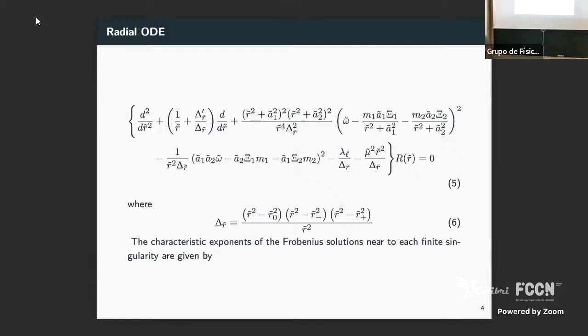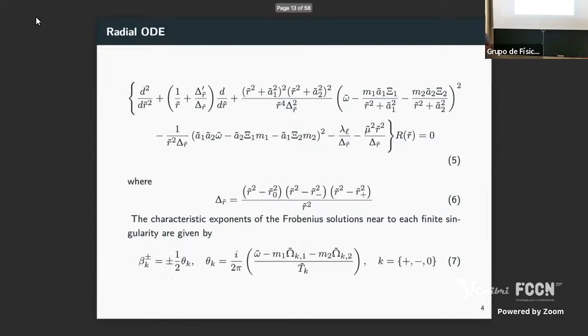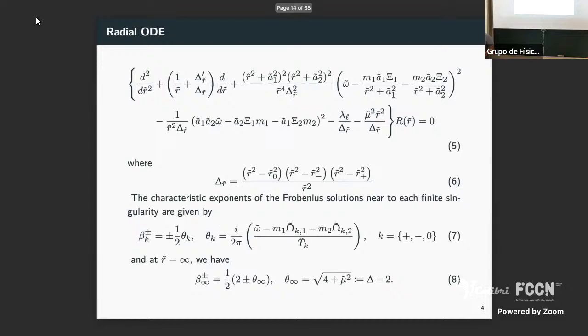So you get the indicial or characteristic exponents, which are given in terms of the frequency, the angular velocity and the temperature of the black hole. And at infinity, usually in holography, this is the conformal dimension of AdS5, which is delta, or if you want, it's just related to the mass of the scalar field.